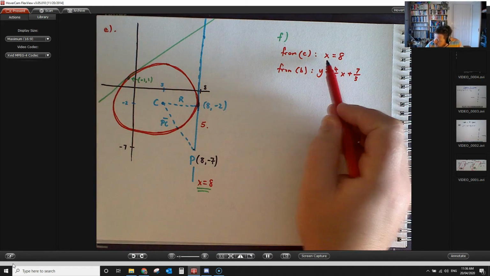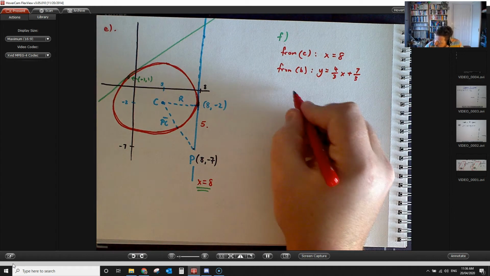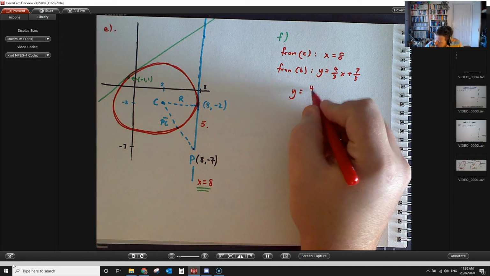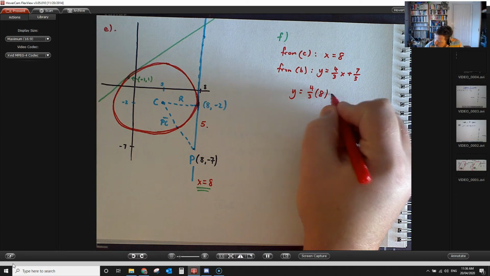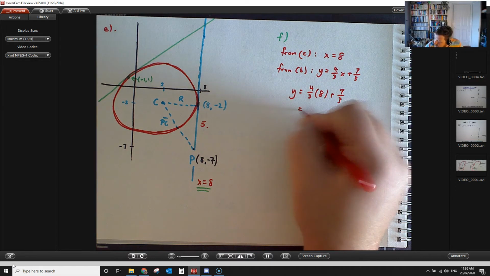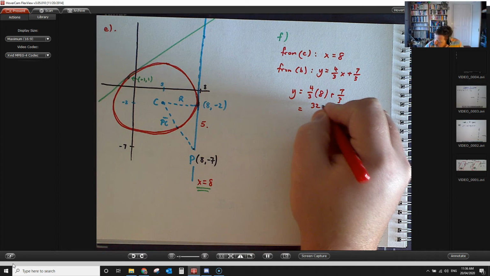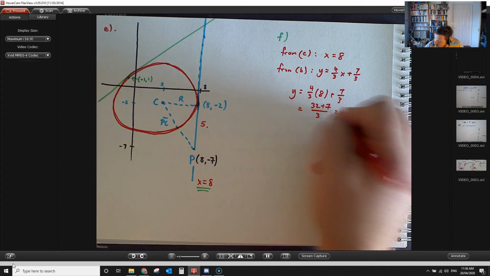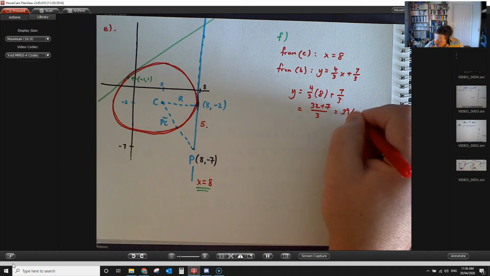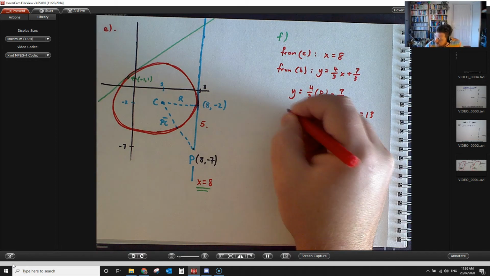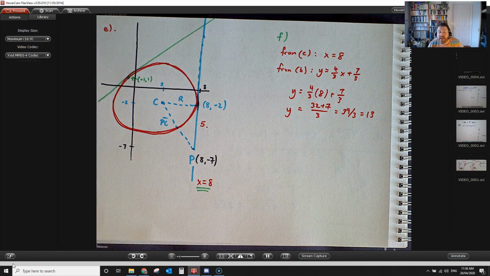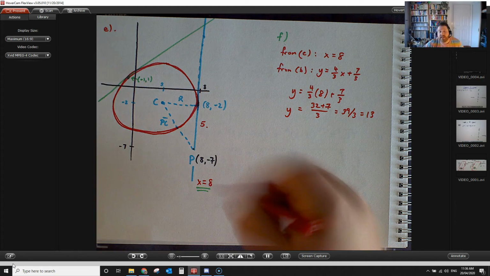So let's sub in x equals 8 into this, so we get y equals 4/3 of 8 plus 7/3, equals 32 plus 7 over 3, equals 39/3, equals 13. So y equals 13, and then how do we find the x value? Well, we just plug that back in.